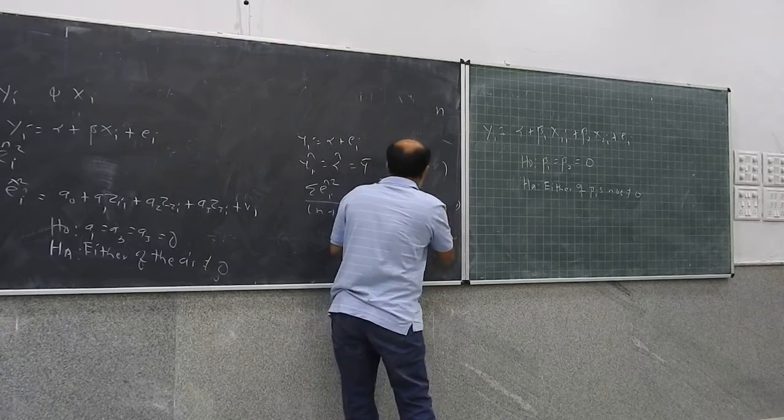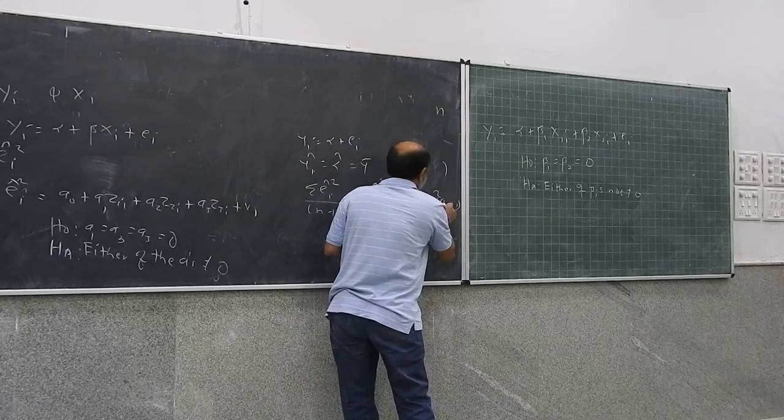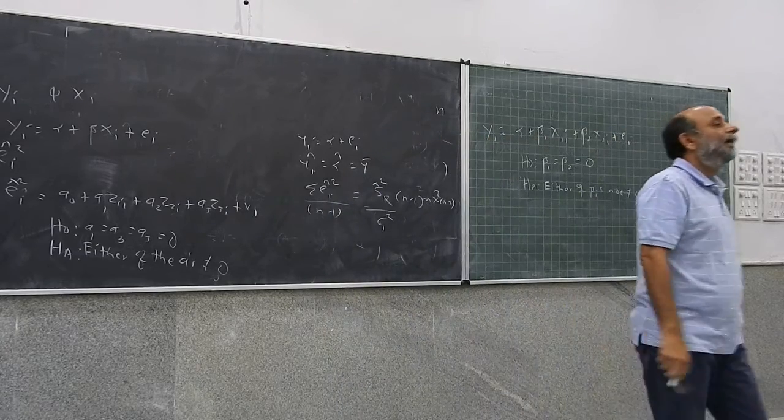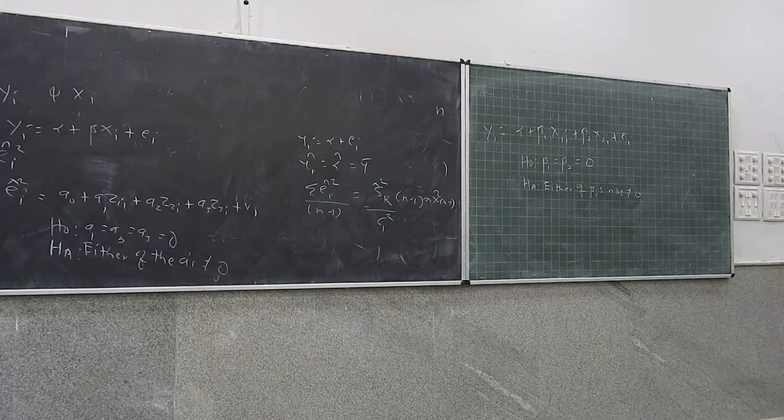This now is a chi-square distribution with n minus 1 degrees of freedom. Here is the sample variance divided by the population variance into the degree of freedom from a normally distributed variable. You assume that the error term is normally distributed. The chi-square is n minus 1 degrees of freedom.